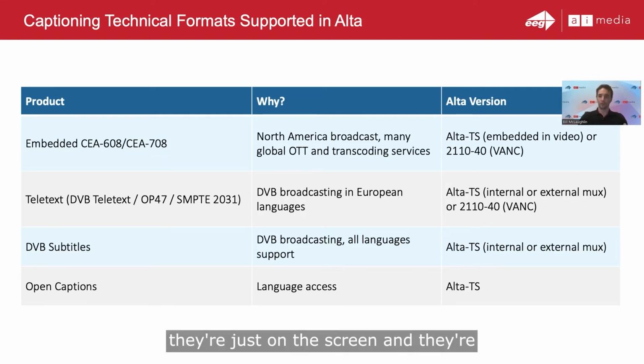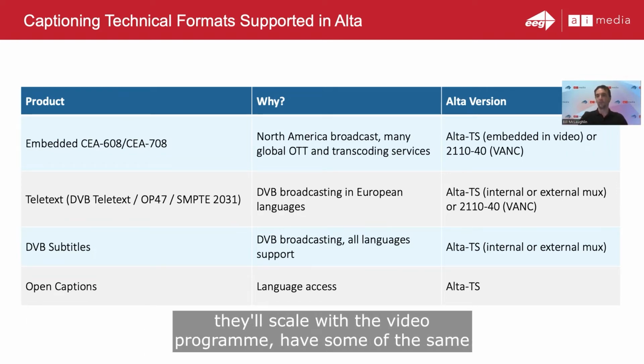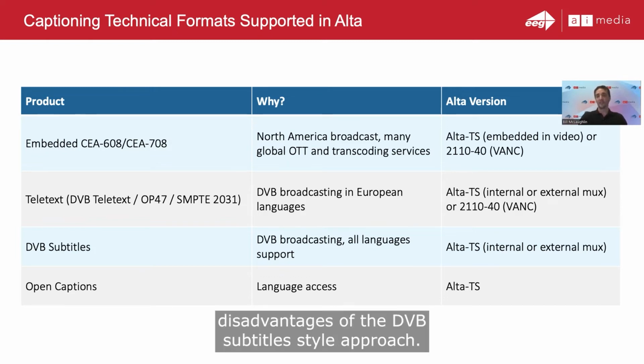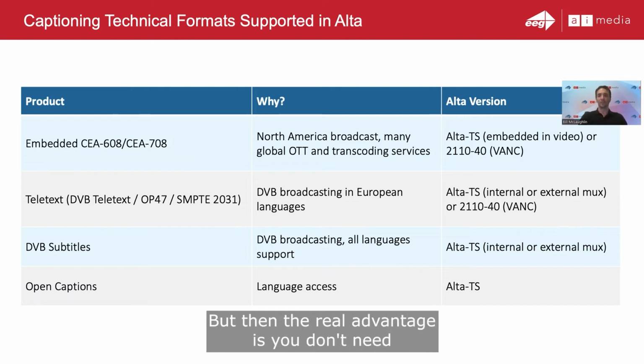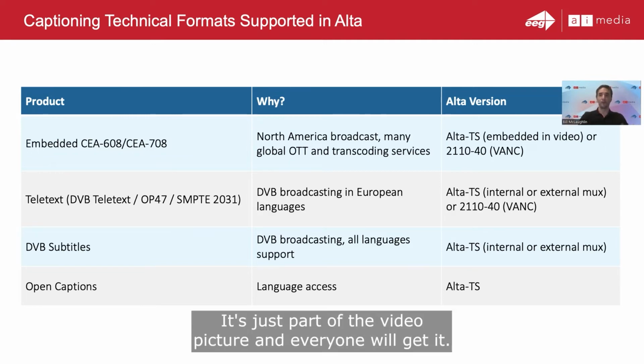They're just on the screen and they're part of the video program itself. So obviously they'll follow the video program wherever that goes. They'll scale with the video program. It has some of the same disadvantages of a DVB subtitle style approach, but the real advantage is you don't need any type of special decoder to see it. It's just part of the video picture and everyone will get it.